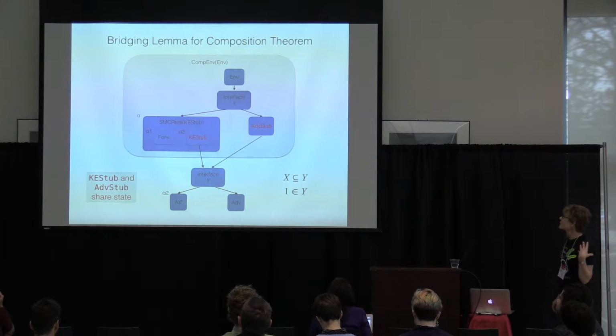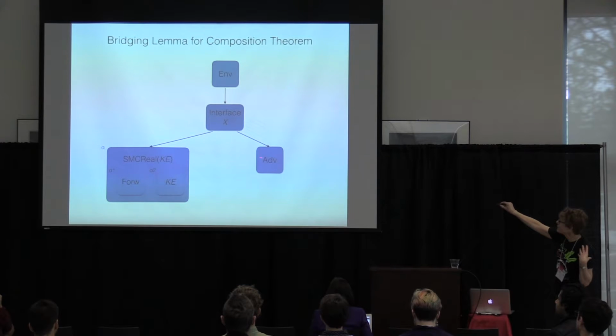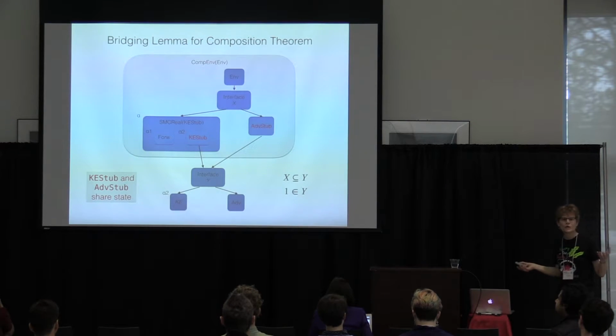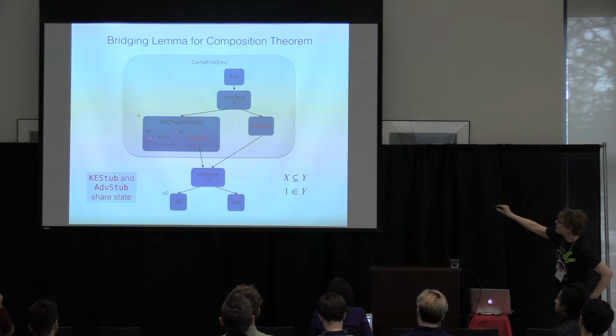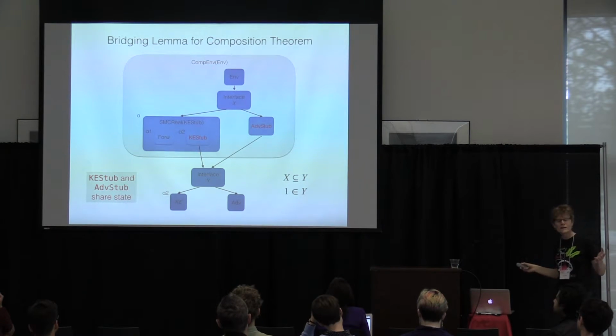But there are a couple subtleties. One is the forwarder needs to be able to talk to the adversary when doing forwarding. Here, that path will go like this. But to get through this interface, it has to be that Y has the forwarding port in its guard.